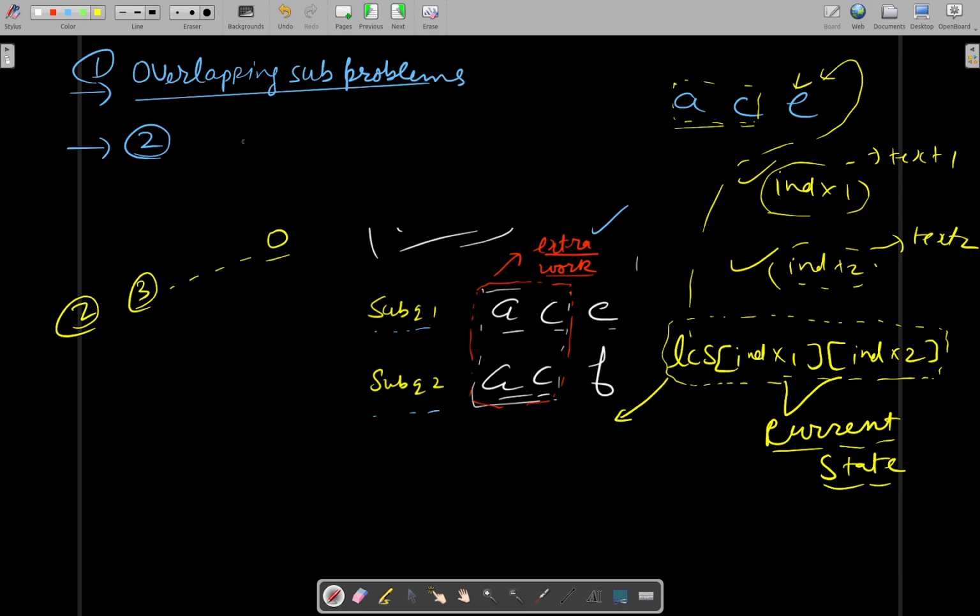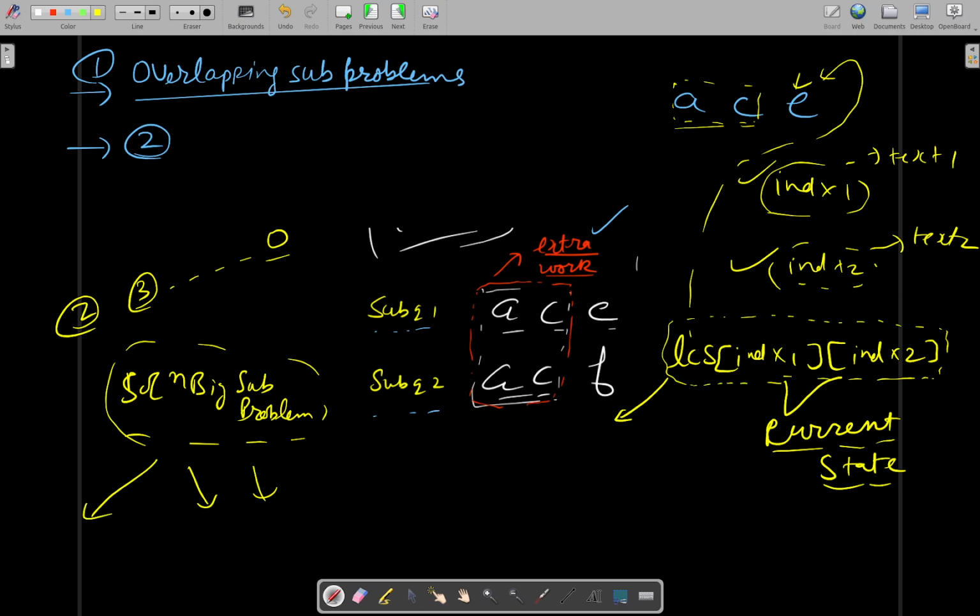So it can be observed that the solution of a bigger subproblem can be formed by combining solutions of smaller subproblems. Let's call this solution 1.